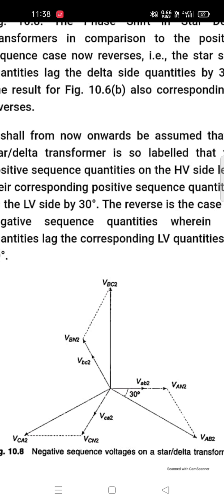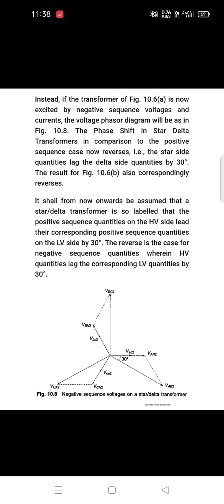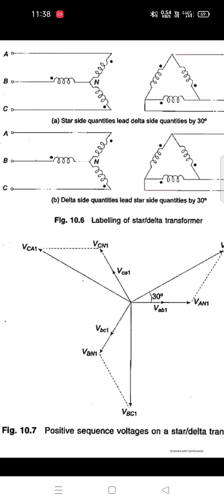The reverse is the case for negative sequence quantities, where high voltage quantities lag the corresponding low voltage quantities by 30 degrees. So this is for the negative sequence voltage on star and delta, and this phasor diagram is for the positive sequence voltage. So this is the phase shift between star and delta side voltage.